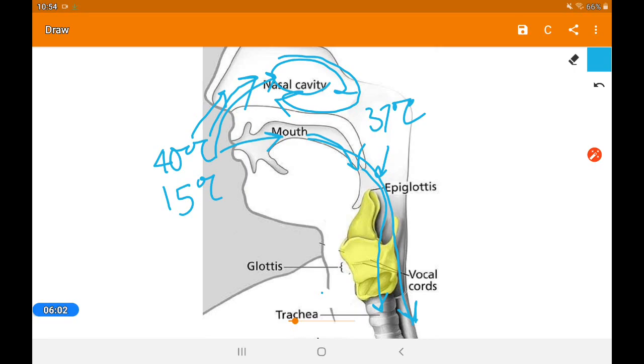So this is the esophagus, and there is one structure which can cover this opening. When we are taking food and it goes there, the epiglottis closes the glottis area, I mean the vocal cord area, so that the food enters inside the stomach.